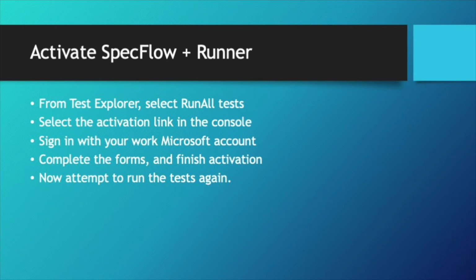It's going to have a specialized token that is specific to your user, and then it's going to open up a web page for Microsoft. You sign in with your Microsoft account, so whatever your work account is, and then you complete the forms and finish the activation. I would do it, but I've already signed in, so I can't do that again.